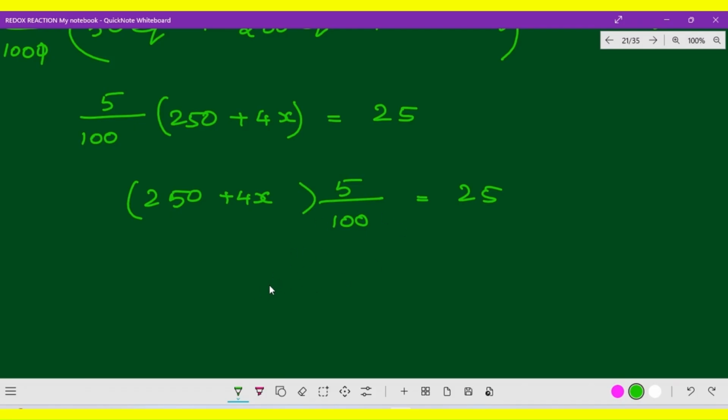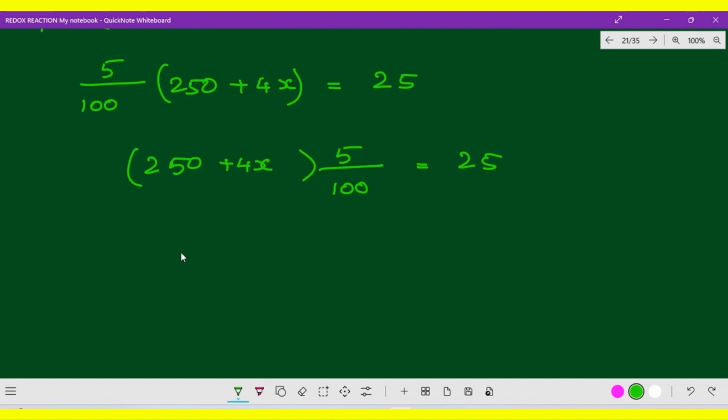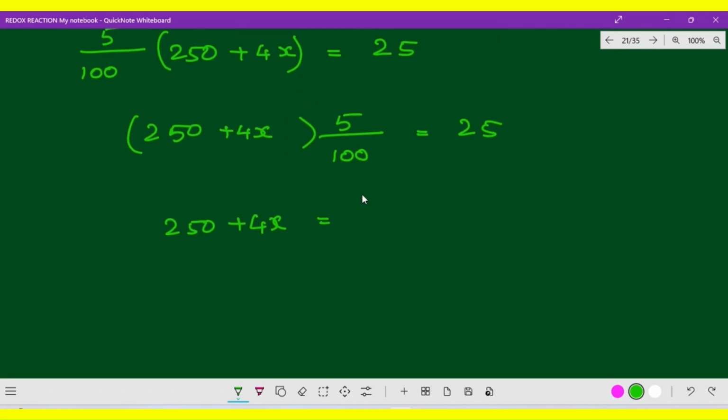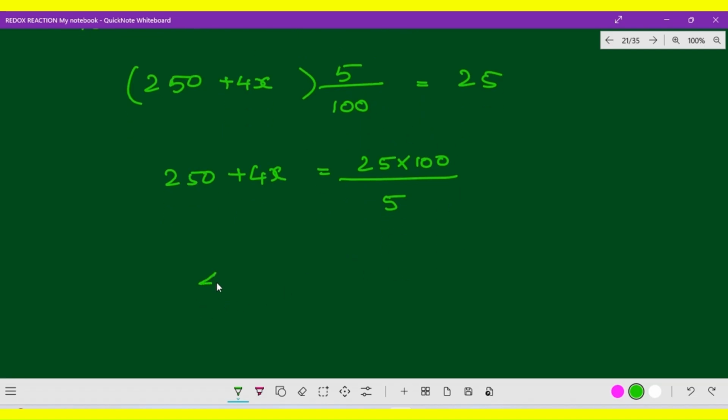You know how we get the 250 when we add these two. So 250 plus 4x equal to 25 into 100 divided by 5. This is cross multiplication. So 4x equals 500.